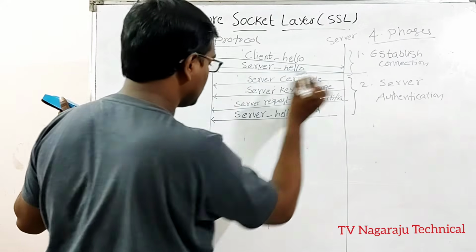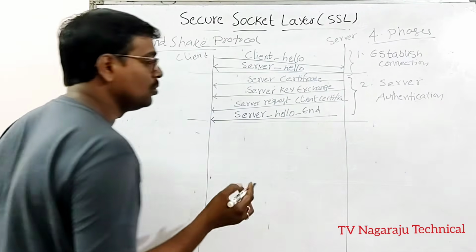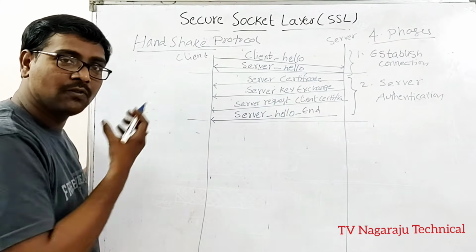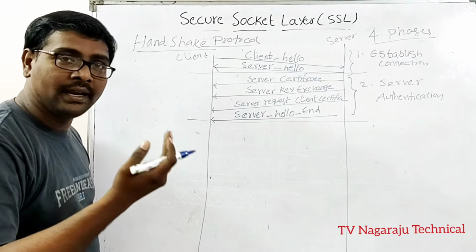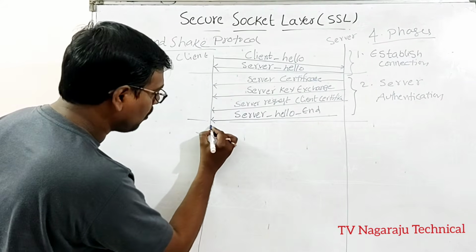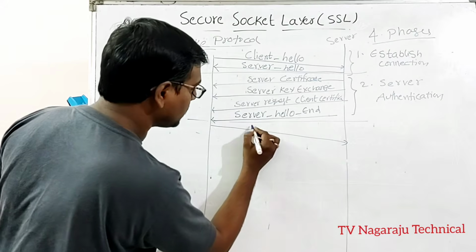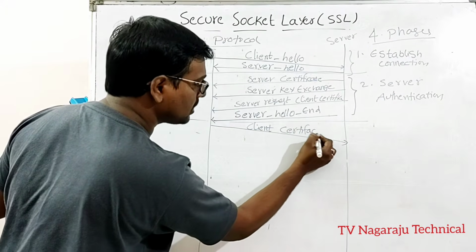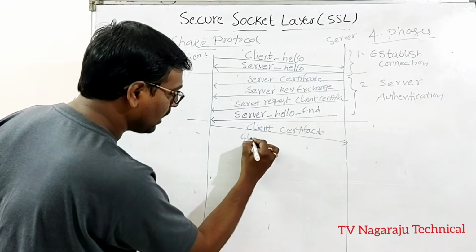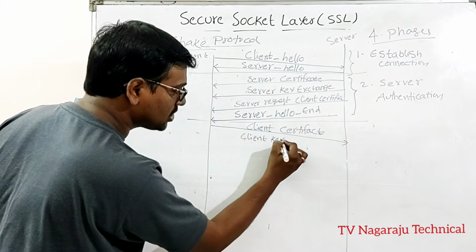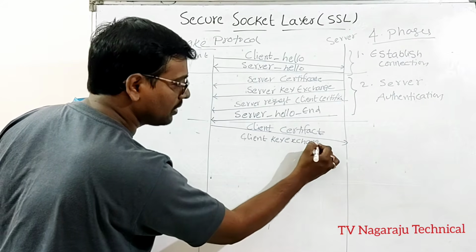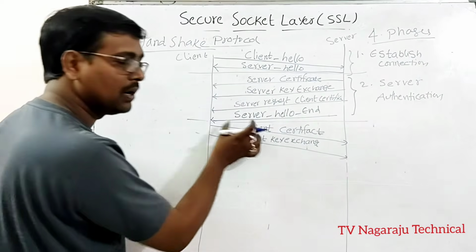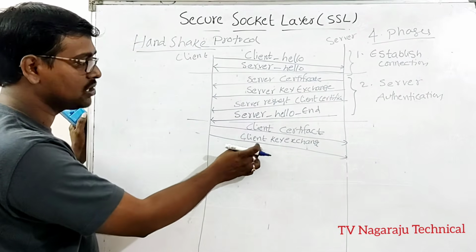Now, up to phase 1 and phase 2, coming to phase 3. Once these things are received by the client, client authentication needs to be done. Now what does the client do? Similarly, the client certificate is transferred to the server along with the client key exchange, the same kind of information received from the server, but related to the client.